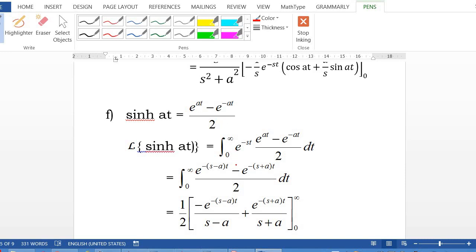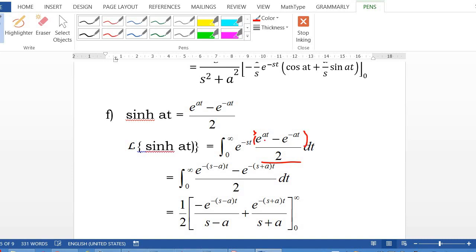Hence, by using the definition of Laplace transform, for sinh at it will be the integral of exponent negative st multiplied by the sinh at replaced by this formula, dt from 0 to infinity. And you get a half, so you collect this over 2.